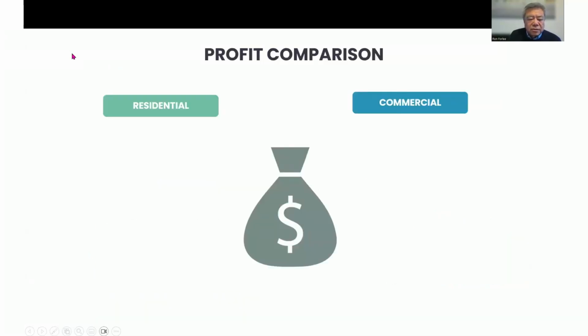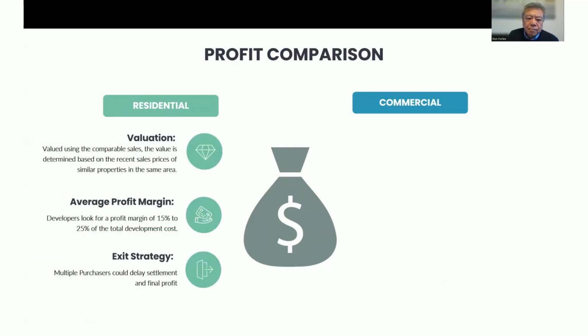So let's get to the key subject, the profit comparison. When we start looking at residential, as I mentioned, the valuation of a home when you want to sell it is generally based on market comparison. What does a similar house of the same size within the suburb sell for?